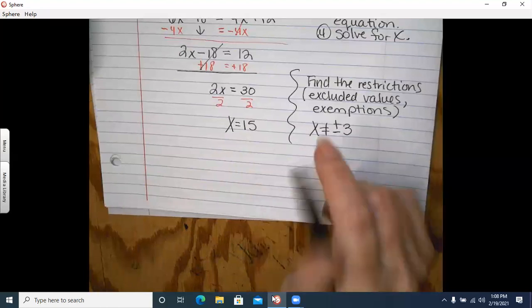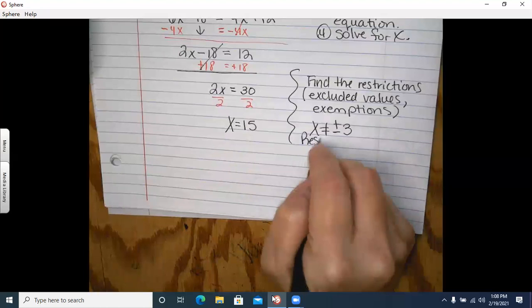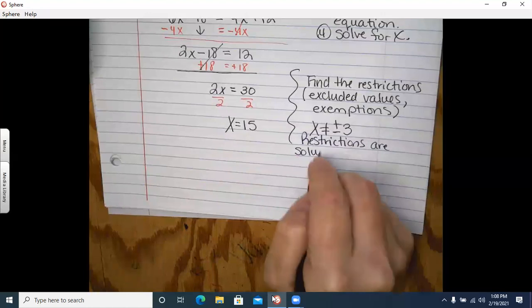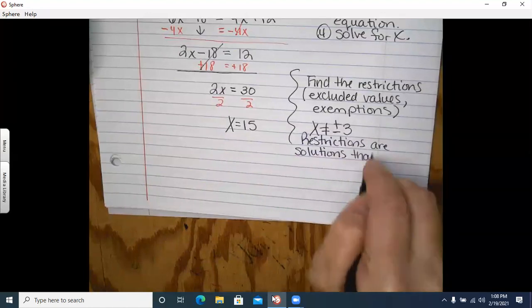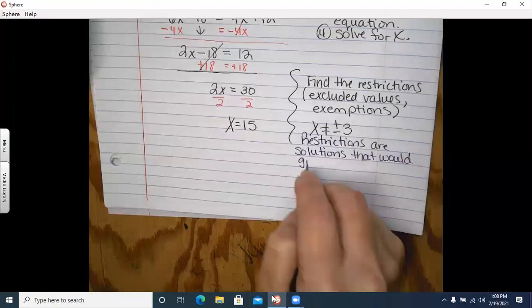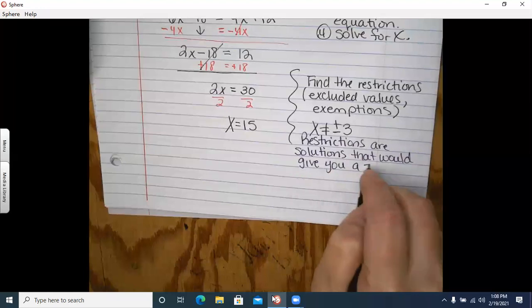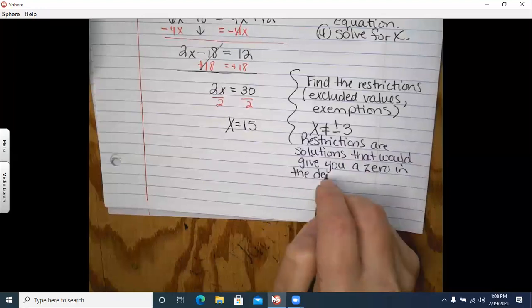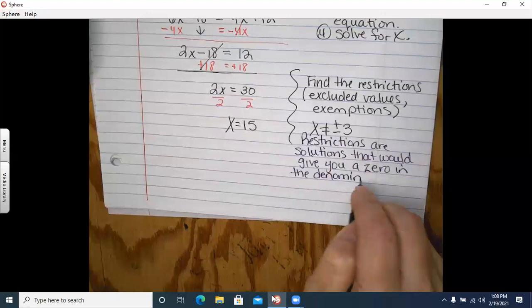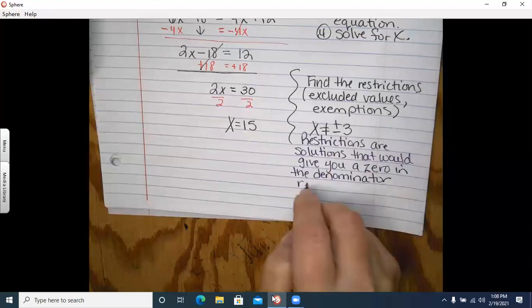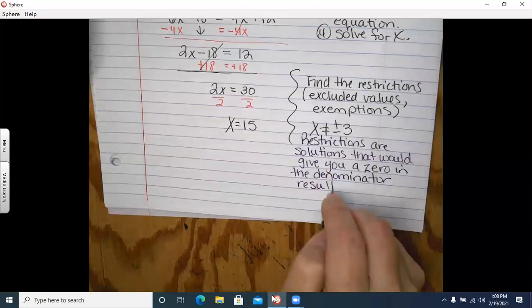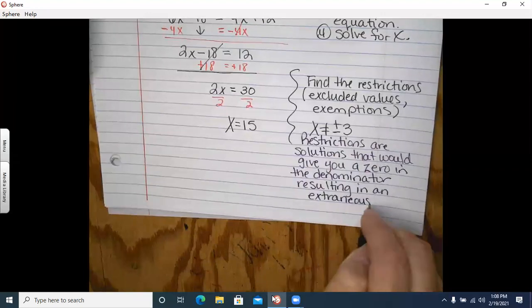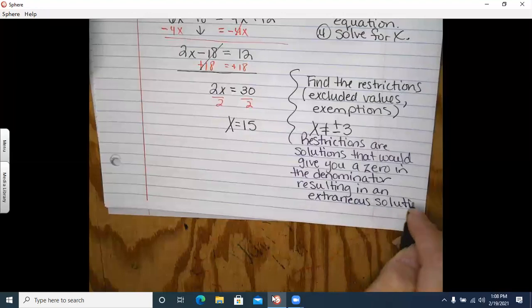Restrictions are solutions that would give you a 0 in the denominator, resulting in an extraneous solution. Extraneous solution.